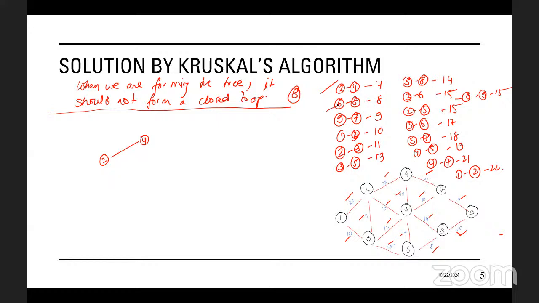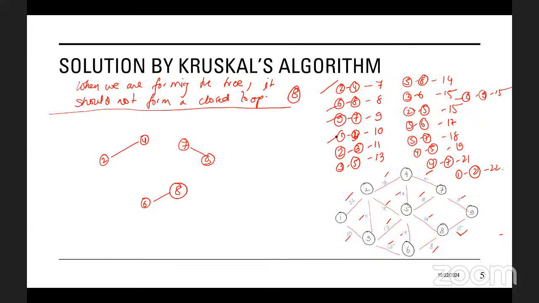Next is 6 to 8. Okay. Next being 9 and 7. So 9 is somewhere here. 9 and 7. This will add.